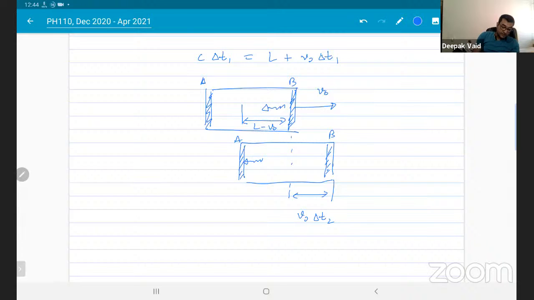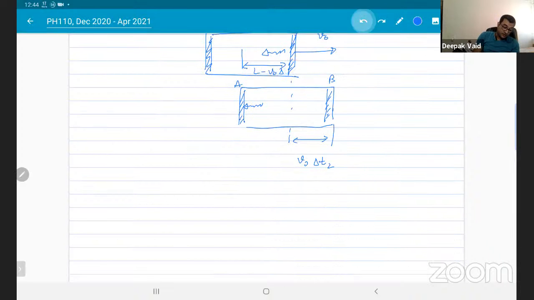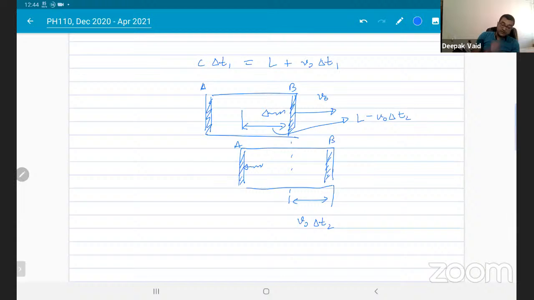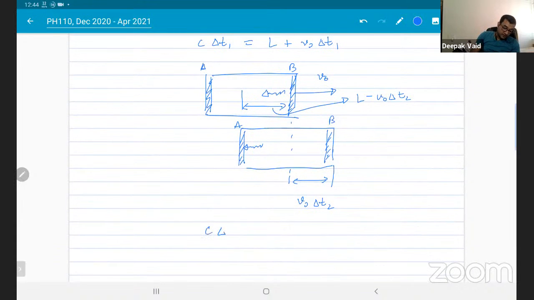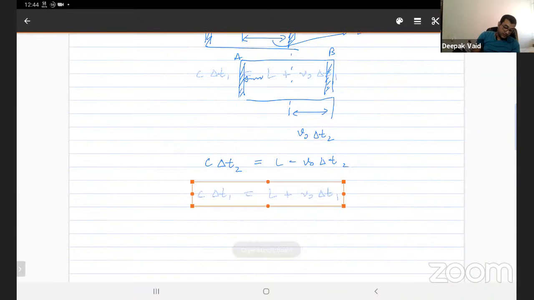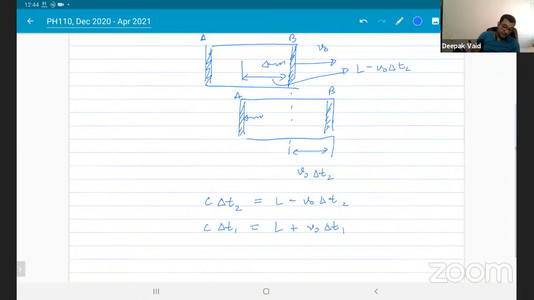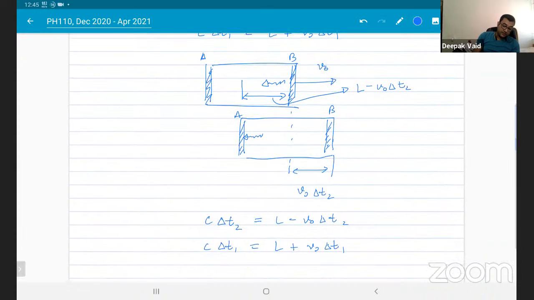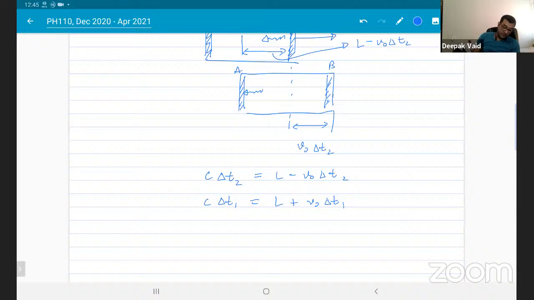So this is L minus v naught delta t2, and this distance has been covered by the beam of light. So it's equal to c times delta t2, and this is equal to L minus v naught delta t2. So finally, we have these two expressions. Delta t1 is the time it takes for light to go in the forward direction, and delta t2 is the time it takes the light to go in the reverse direction. Okay.